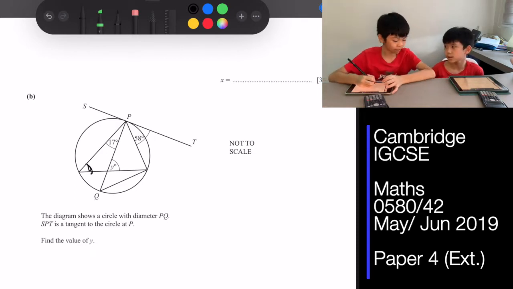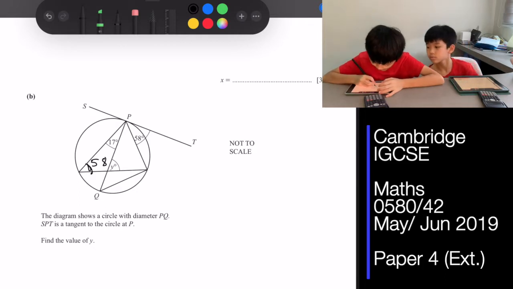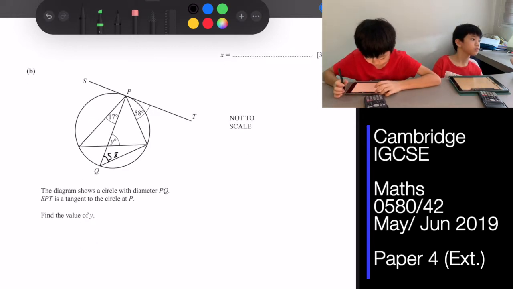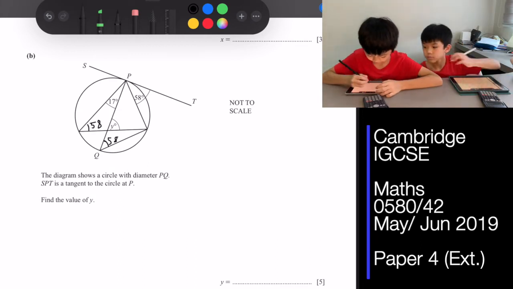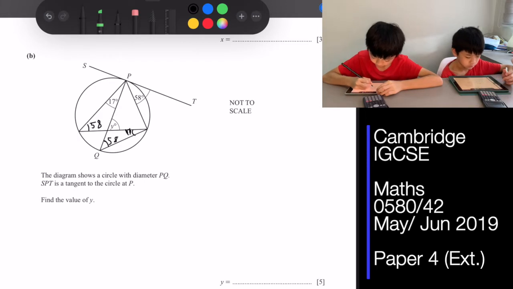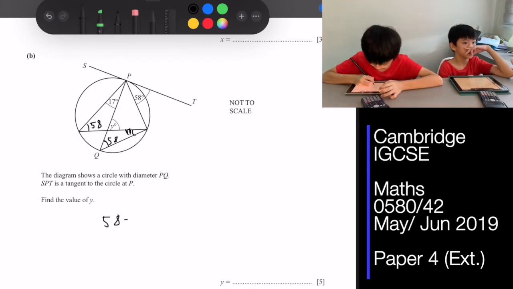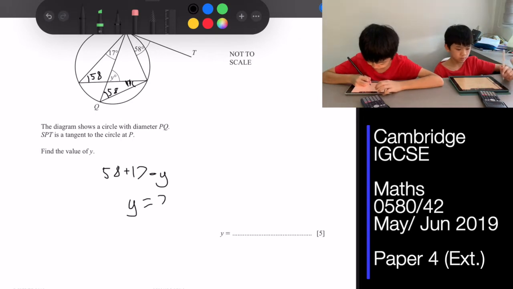It's called alternate segments. So this is 58, meaning this is also 58. Oh wait, hold on. No, this isn't 58. So now that we've got 58 over there, 58 over here is actually yes. And then this is 17 too. So now we just take 58 plus 17 equals y. And y equals 75 degrees.